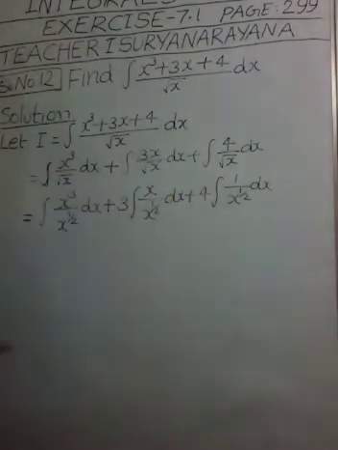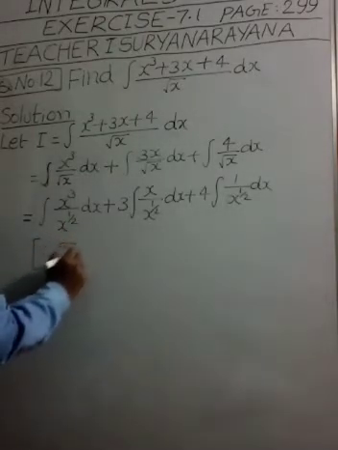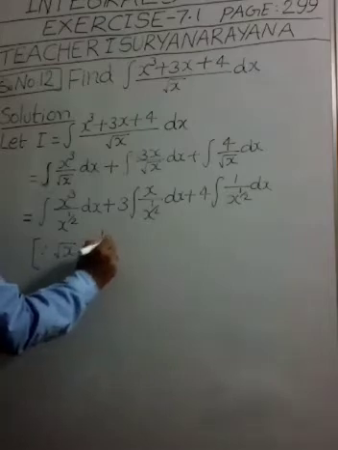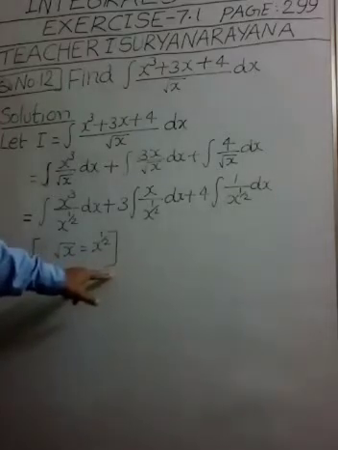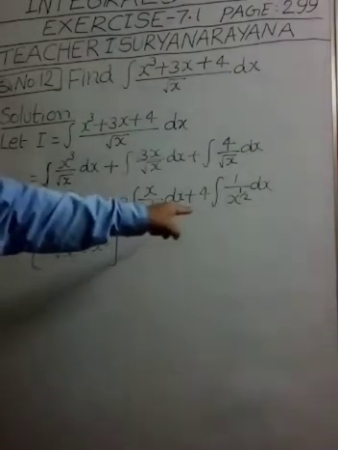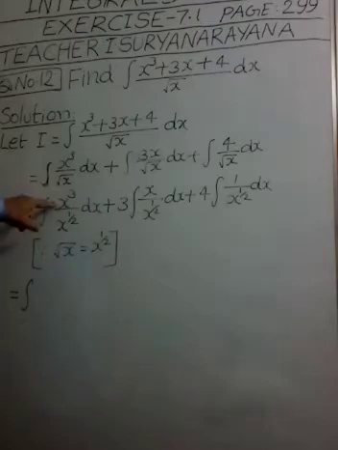Understood this step? Because root x can be written as x to the power of 1 by 2, by using this result, we wrote this step. Understood this step, my children? Right. This is equal to, now come to the first term, integral x cube by x to the power of 1 by 2.